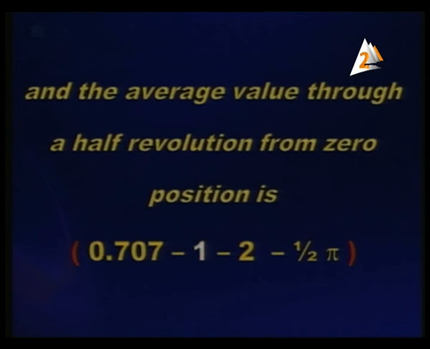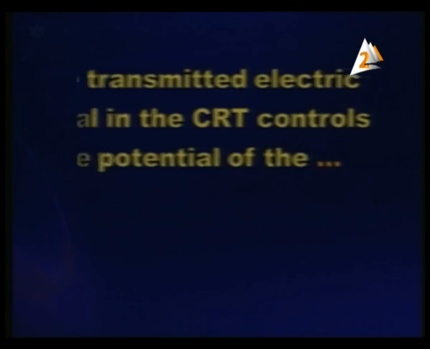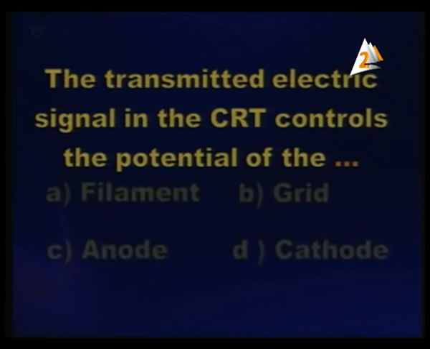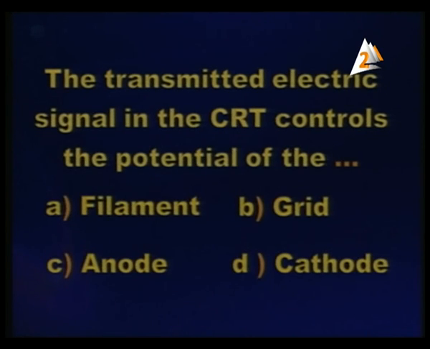It is 1 to 1, so the ratio is 1. The transmitted electric signal in the cathode ray tube controls the potential of filament, grid, anode, or cathode? Of course, it controls the potential of the grid.